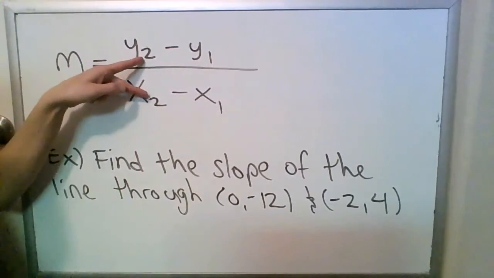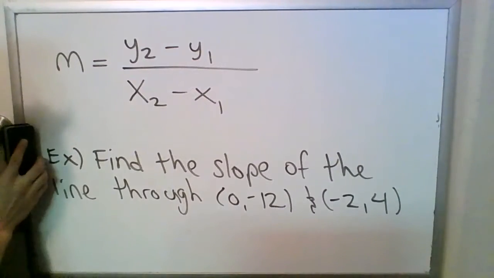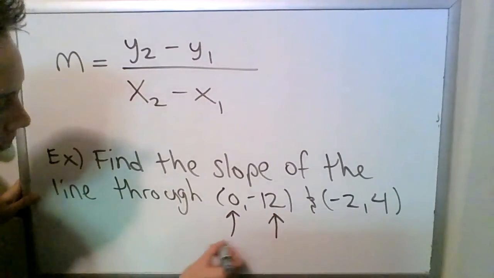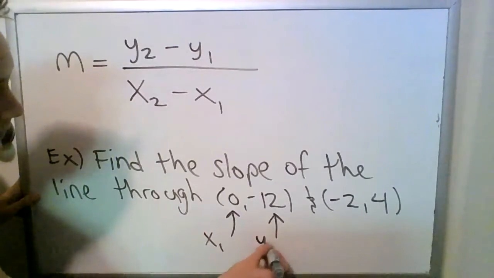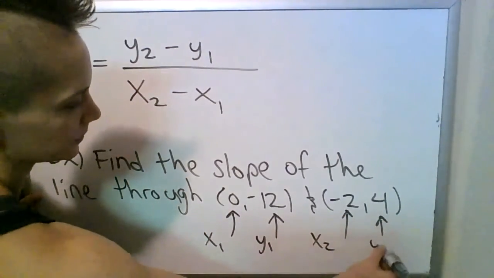So you're going to need your subscripts to match. And we'll label our points. Actually, let's do this one x1, y1. And this will be called x2, y2.